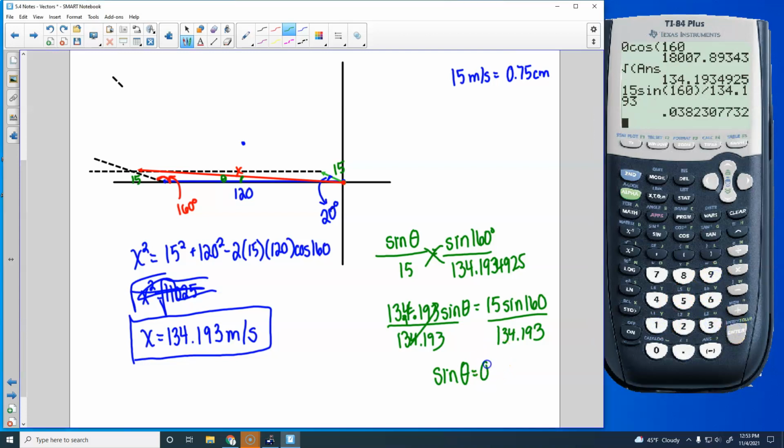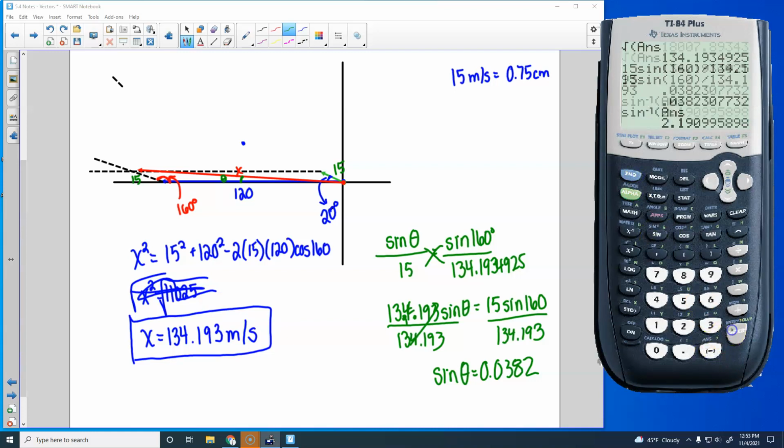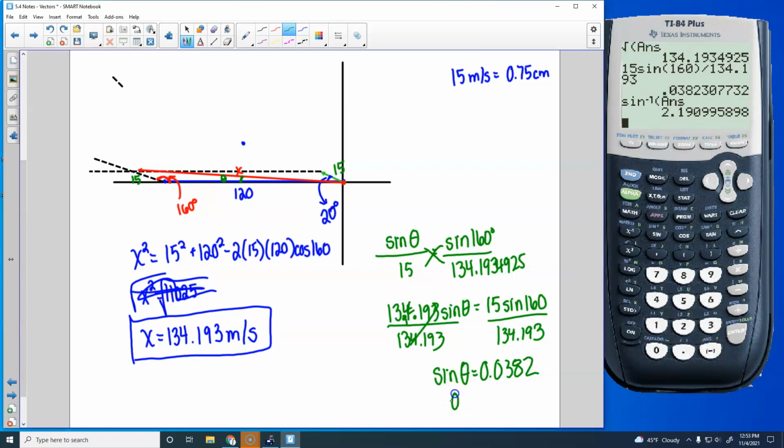So I got 0.0382, and I'll do inverse sine, and I get 2.191 degrees, and that would be north of west. And that looks about accurate. It should be a teeny tiny angle right there. Definitely less than 20 degrees.